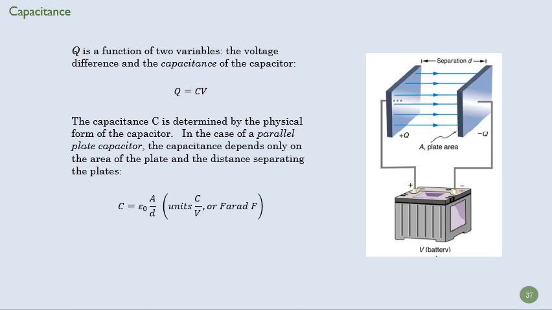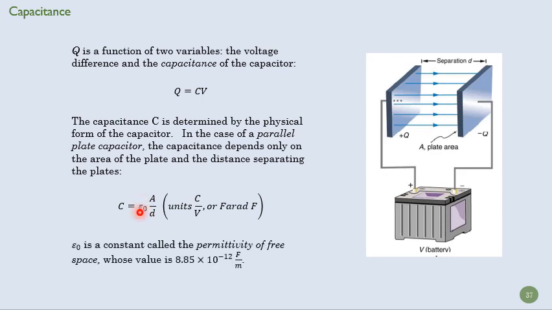So how do we figure out what the capacitance is? Well, we take this epsilon naught, which is a constant called the permittivity of free space. This is the area of your plate, parallel plate capacitor, how big your plate is. And this is the distance, right? So if I have a big area, I'm going to hold more charge.